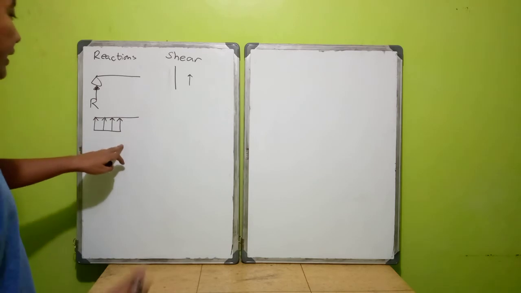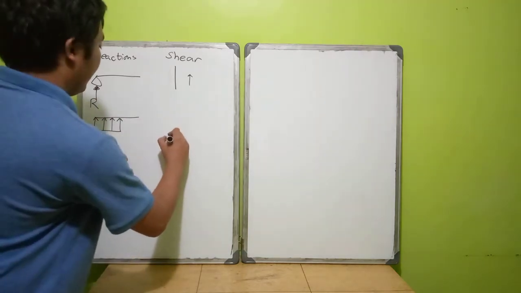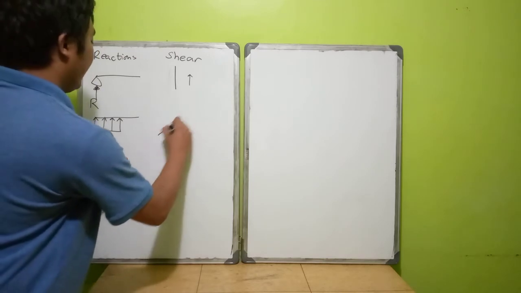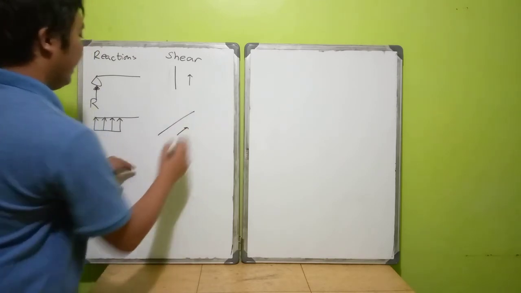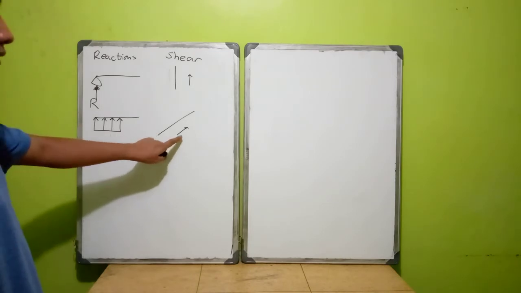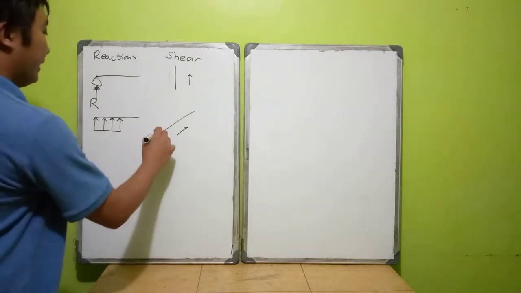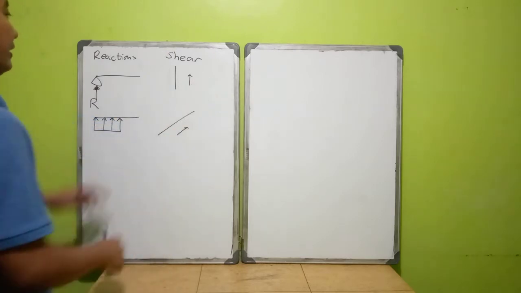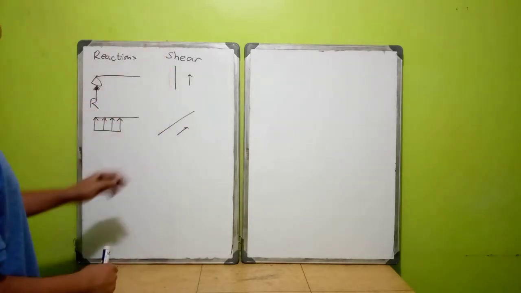In that case, the stroke in your shear diagram will be like this. So please remember, this is the direction of your stroke. It will increase linearly upward.